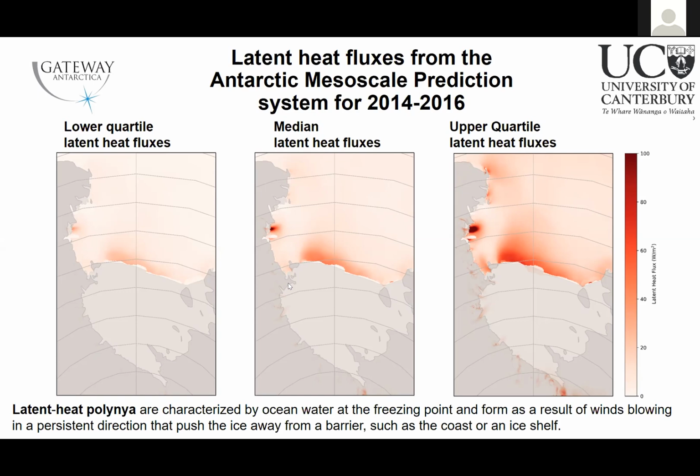I've looked at latent heat fluxes from the Antarctic Mesoscale Prediction System from 2014 through 2016. So the leftmost panel is the lower quartile, the median, and then the upper quartile is the rightmost. And we can see a nice clear structure around Terra Nova Bay, the Ross Sea polynya, and a little bit about Cape Adare and this region here.